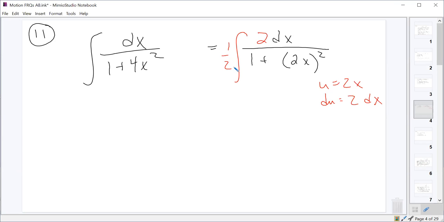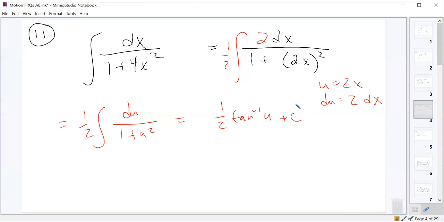So we end up with 1/2 the integral of du over 1 plus u squared. Everybody good with that now? And then you integrate that to become 1/2 inverse tangent of u plus your constant, or 1/2 inverse tangent of 2x plus your constant.